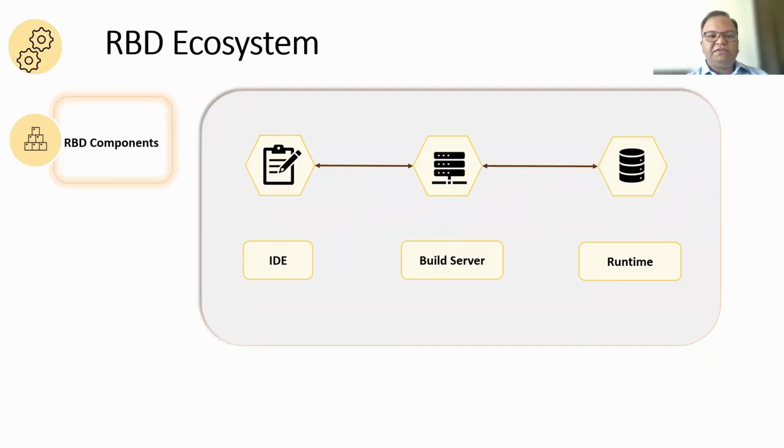Now, this is one area where we will be talking more about the overall ecosystem of RBD, the different components that are there, how they work, and what action is done by each of the components. So with RBD, the three core components that I talk about are IDE, build server, and runtime.